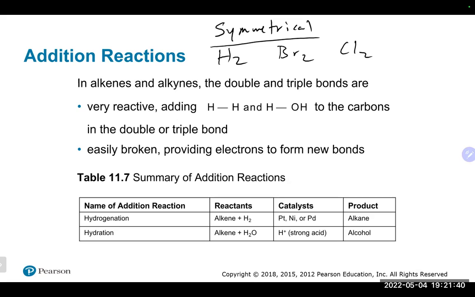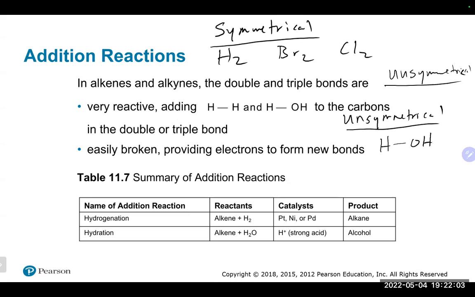And there's also unsymmetrical additions, which are when we add basically hydrogen and something else.